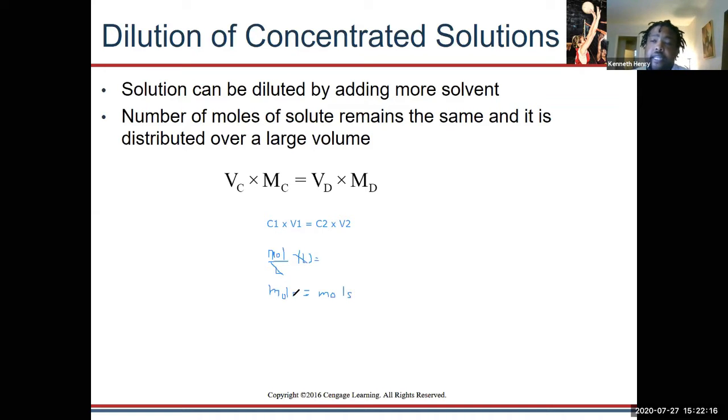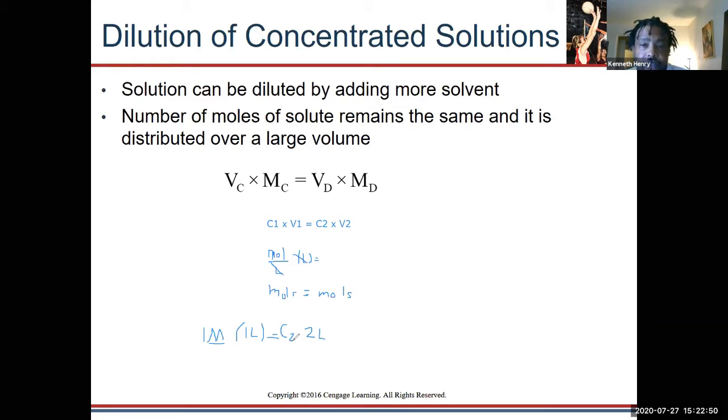What we mean by that is, if I say that I have a molarity of 1 and I'm multiplying by 1 liter, and I'm diluting my solution up to 2 liters, the concentration that I'm going to have, my C2, is going to be such that we end up with the same quantity of moles.